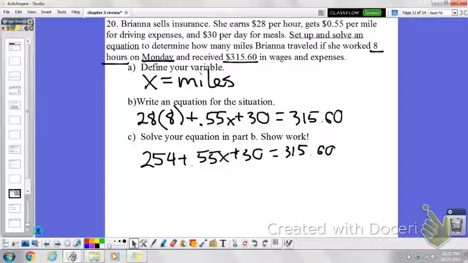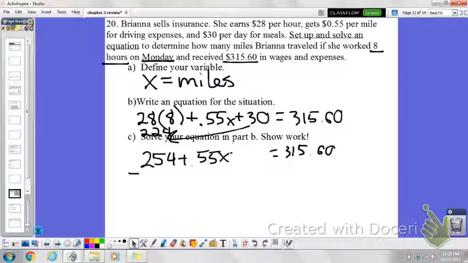I'm sorry, I told you that 28 times 8 was 254. It's 224. But then when you add the 30 to it, it gives us our 254. Sorry about that. So we don't need that 30 there anymore. We can erase that. So we have 254 plus 0.55x equals $315.60.